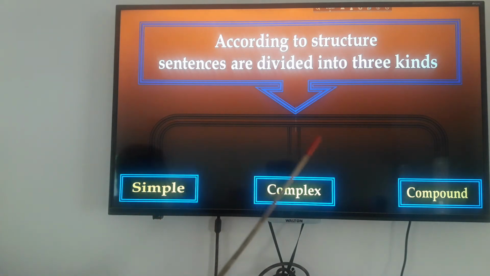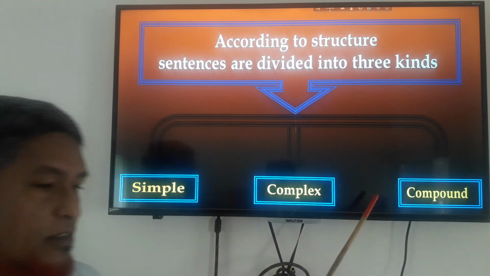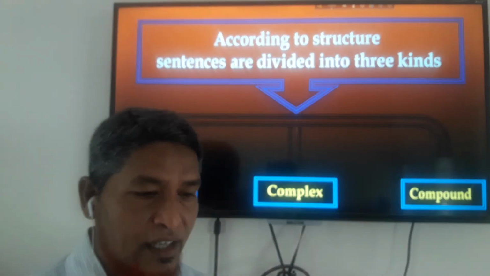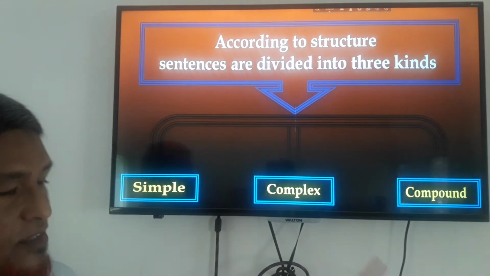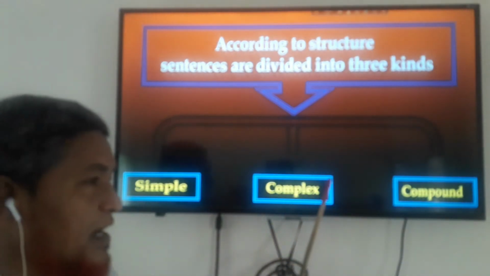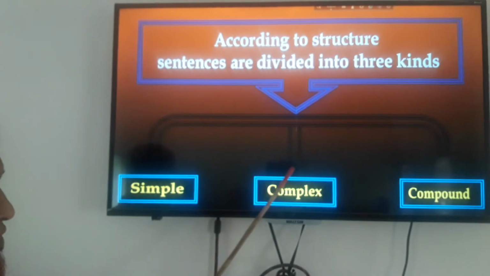It is important to know the structure of the sentences, simple, complex, and compound, because we have to change the sentences as a transformation of sentence in the topic of grammatical item.